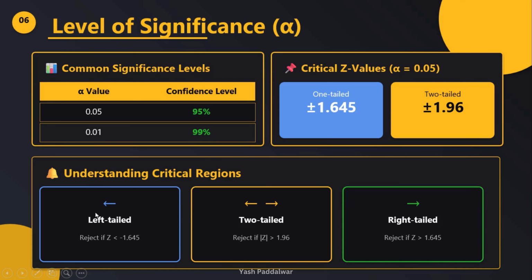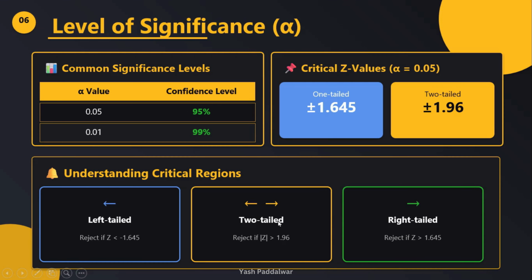You can reject the null hypothesis if you get a Z value greater than 1.645 for right-tailed. If you get any value between minus 1.645 and plus 1.645, then you can simply accept your null hypothesis.